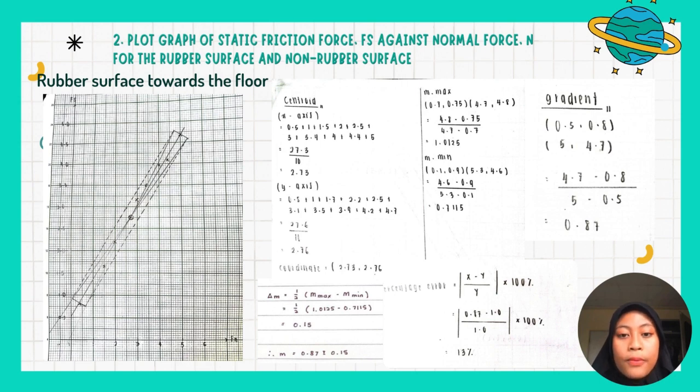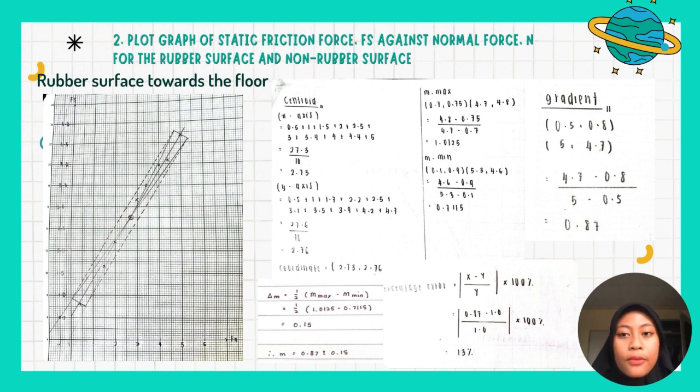Then we have to determine the m maximum by using the formula m equal to y2 minus y1 over x2 minus x1, and we get the m maximum is 1.0125. By using the same formula, we can get the m minimum, which is 0.7115.